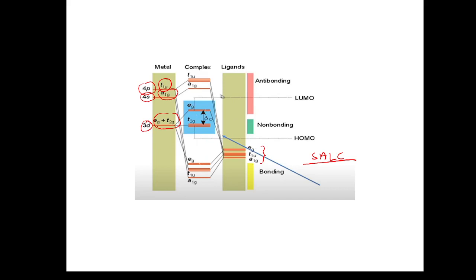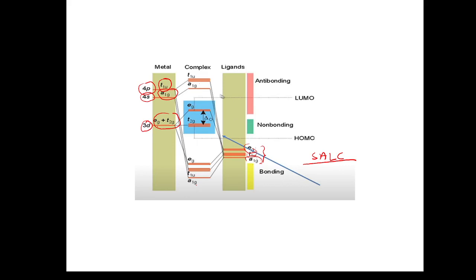That is one interaction. Then 4s A1g can interact with the A1g of the ligand orbital and give A1g and A1g star antibonding. And T1u from the ligand and T1u from the p orbital can overlap and give T1u and T1u star.